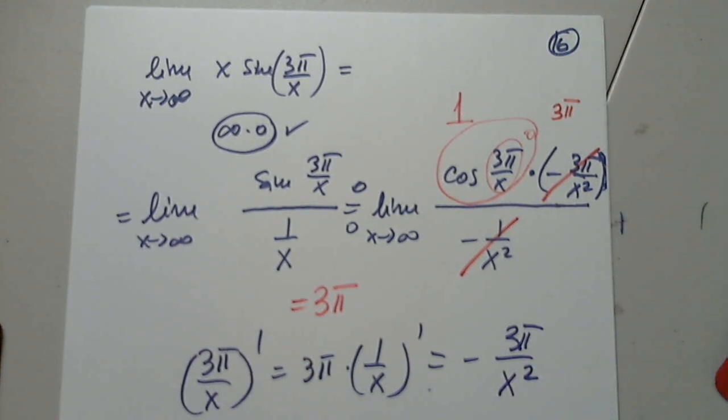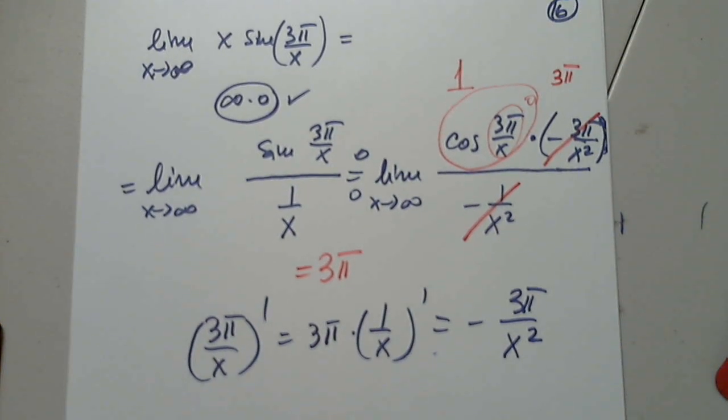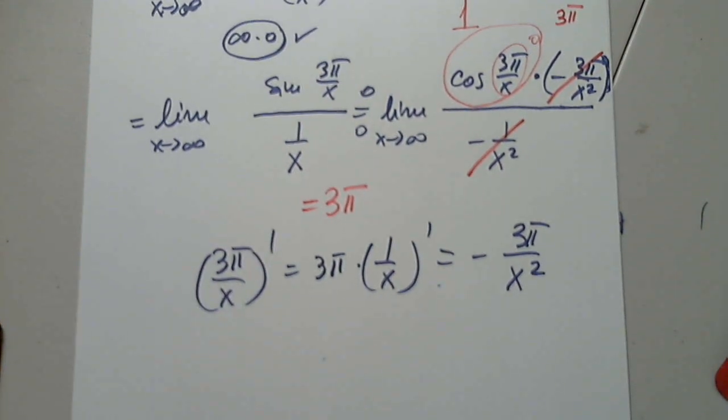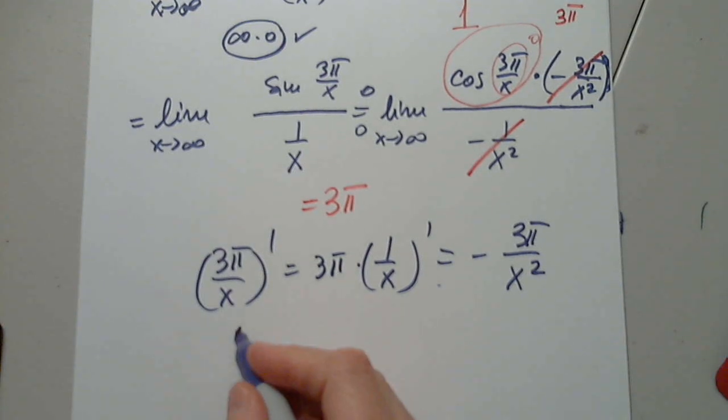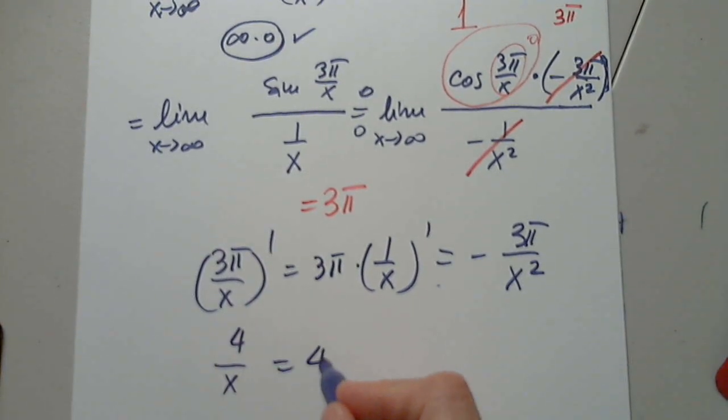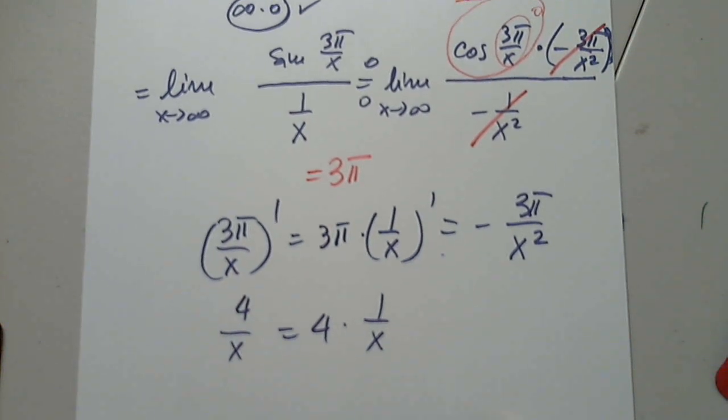That makes sense. So always when you see a number over x, always think in terms of the number times 1 over x. And then just differentiate them. That's so much easier to differentiate. You don't have to worry about the number. That makes it easier, yes.